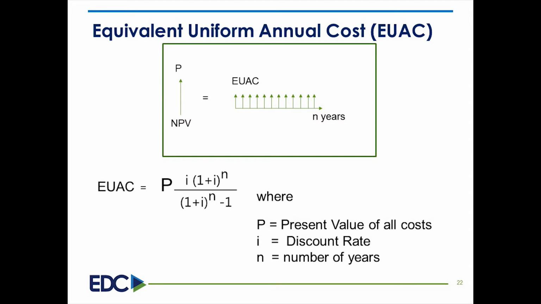This is a standard engineering economics term where we may have net present value, but anything that is a cost expended at a certain time, we can always calculate what the annual cost is. So it's a pretty straightforward method for looking at streams of costs. And the benefit to that is that it gives us a pretty simple tool of evaluating and comparing different projects. It gives us a good common denominator.